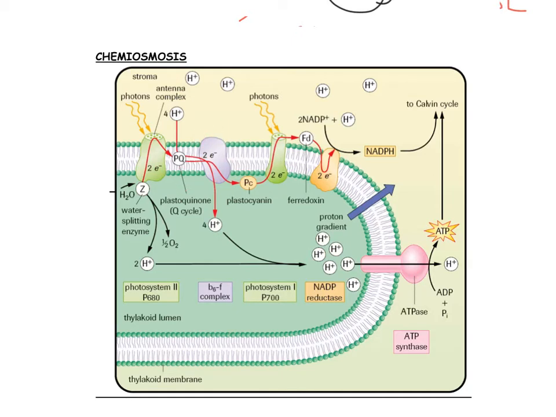As the electron transport chain continues and electrons continue to fill the hole in P680, we have a continual supply of protons, or hydrogen ions, filling up our lumen and creating that strong electrochemical gradient.